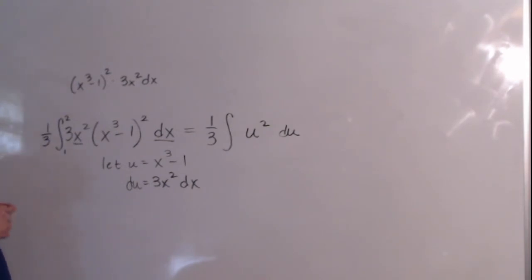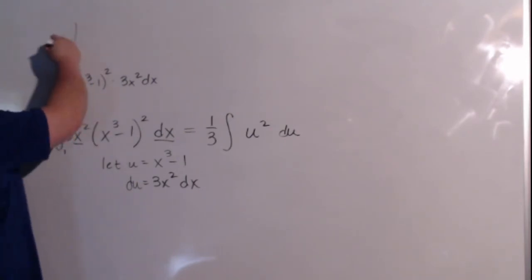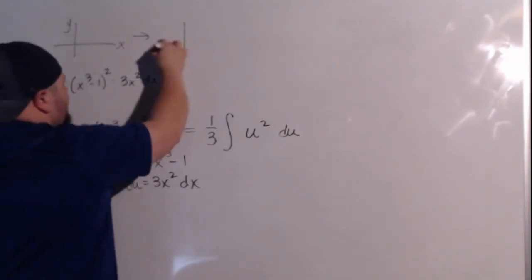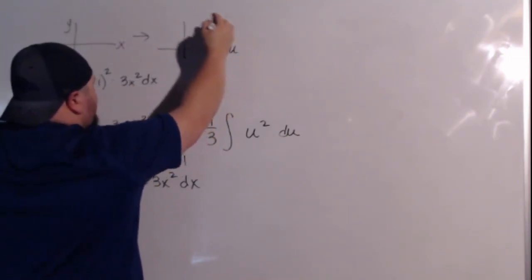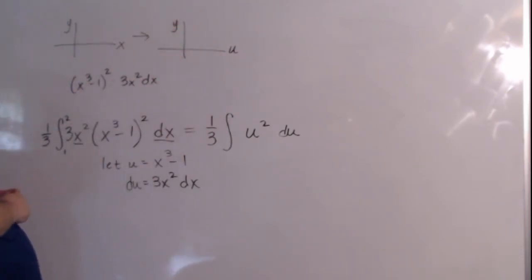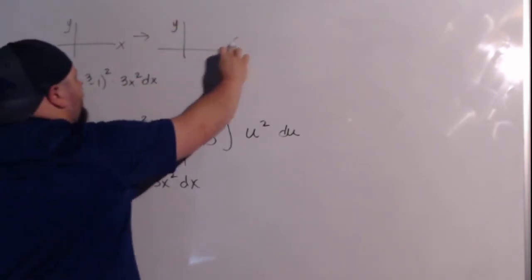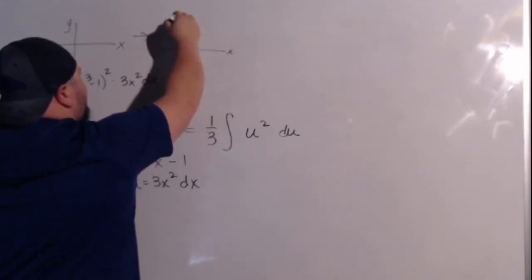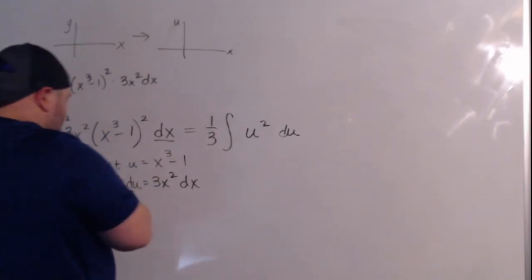So what does a u substitution really do? Well, the idea is that we're going from some space that's x, y, and we're changing it to a new space that's now maybe u and y. Or actually, I guess x and u, if you want.